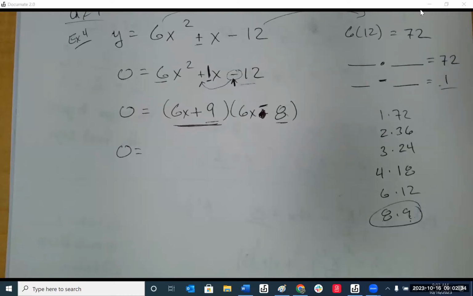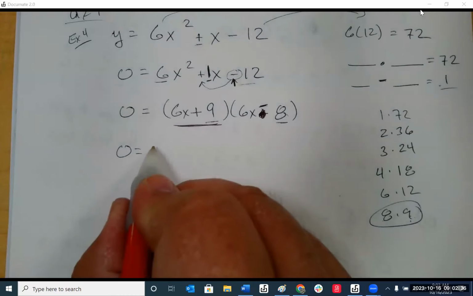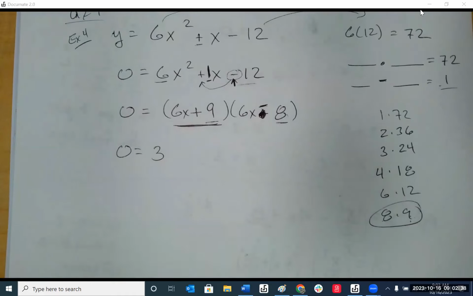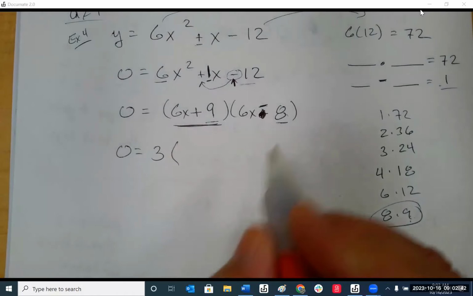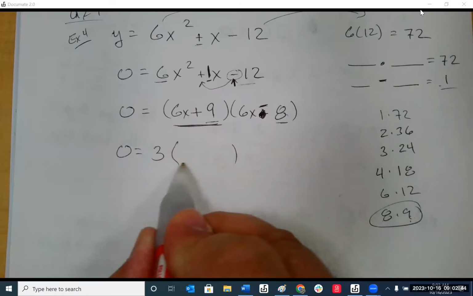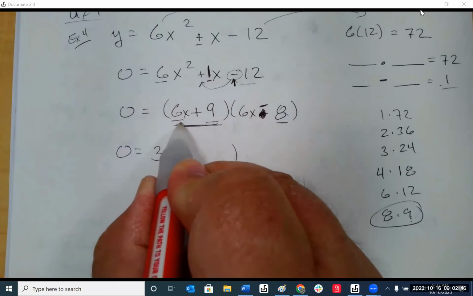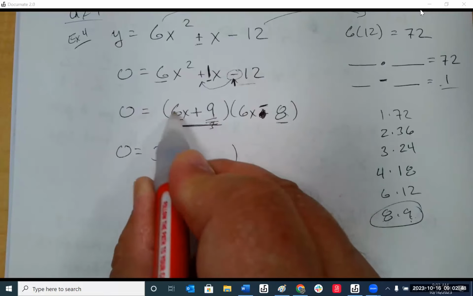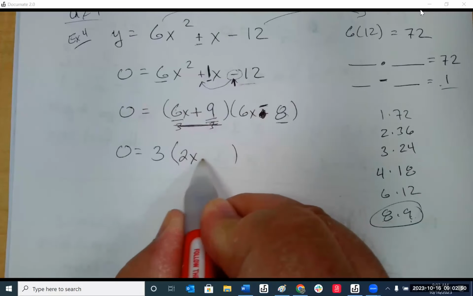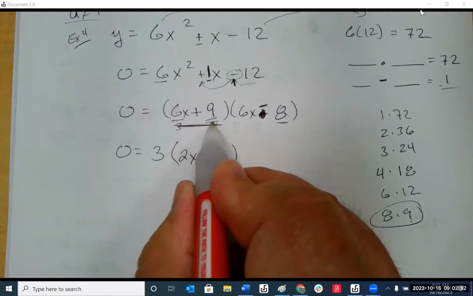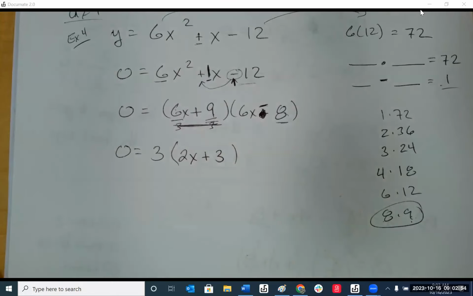They both have a 3 in common. 2 times 3 is 6, 3 times 3 is 9. So we could take out a 3. To see what goes inside the parenthesis, I just divide both of these numbers by 3. 6 divided by 3 is 2x. 9 divided by 3 is 3.